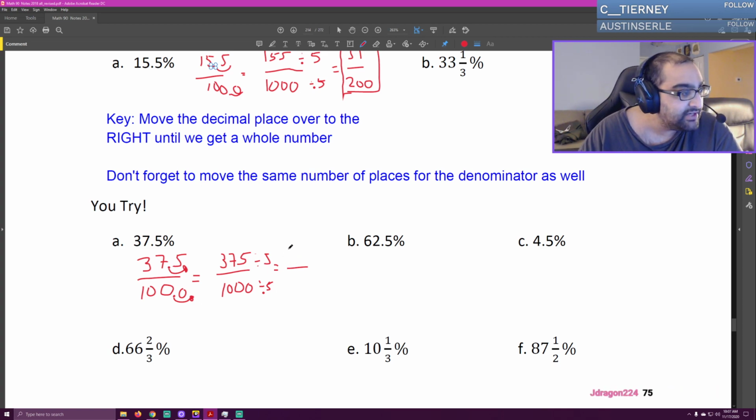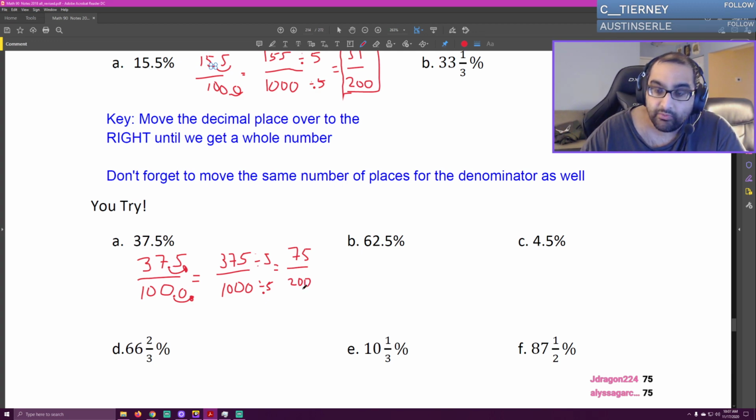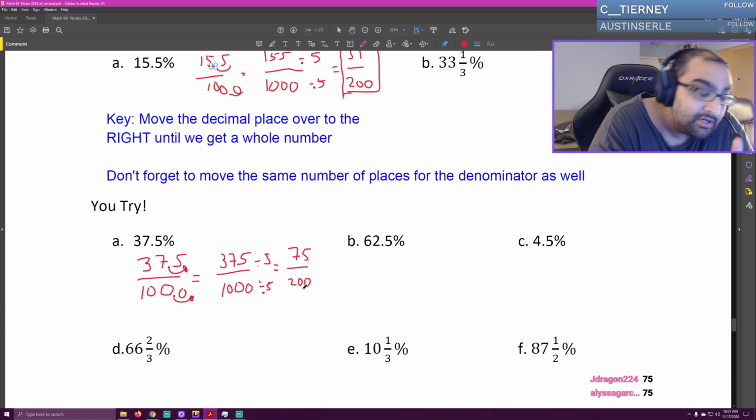All right, we get 75. Now, if you do 1,000 divided by 5, that's going to be 200. All right, perfect. Now, we have 75 over 200 here, okay?